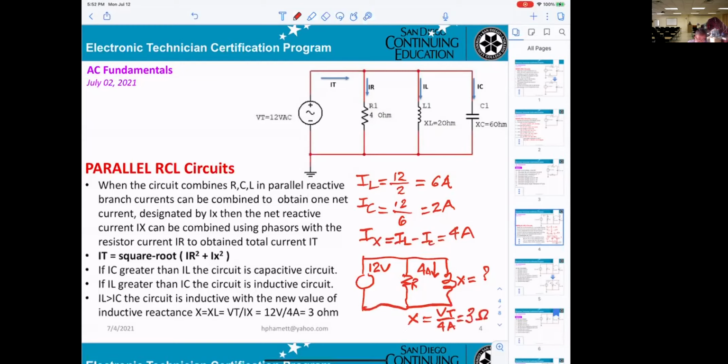So basically, X will be 3 ohm. Okay? After you get the current difference, then you need to calculate the new reactance. Okay? Any question on this one?